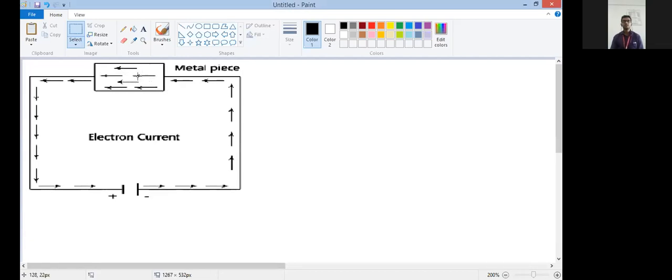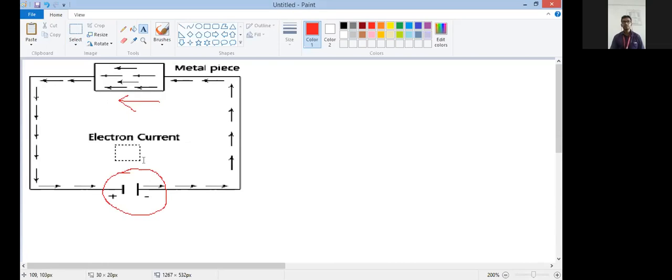Through this metal piece, as you can see these arrows, the electrons are moving from one part to another part. The electrons are going in this direction, correct? So this movement of electrons is caused by this electromotive force.